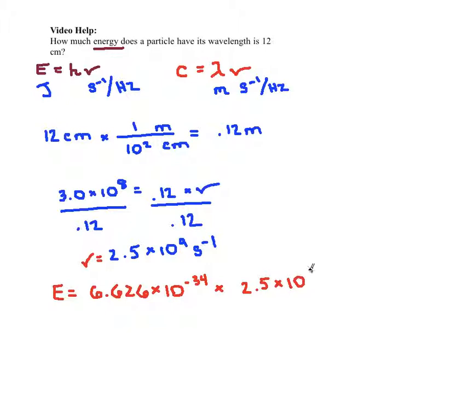Okay? And so I'm going to multiply it out, 6.626 times 10 to the -34th, and I get 1.6565 times 10 to the -24th.